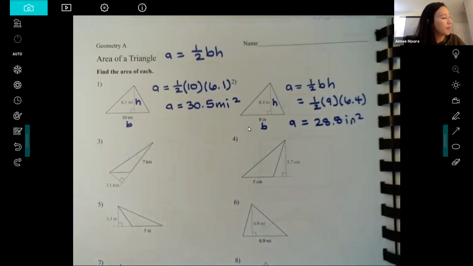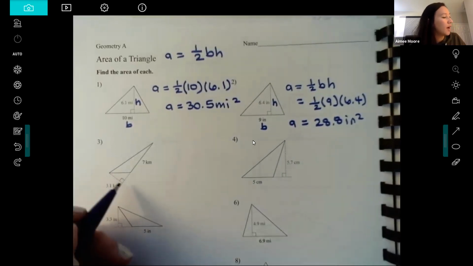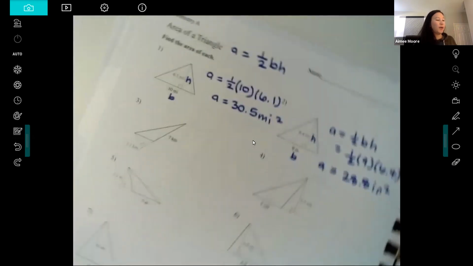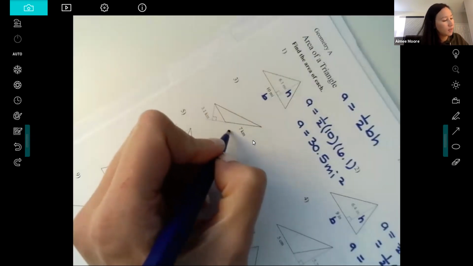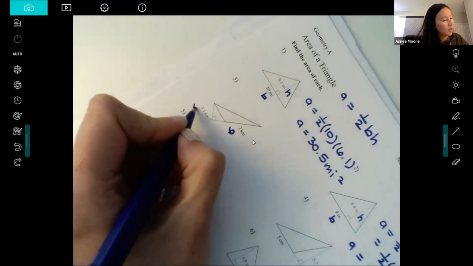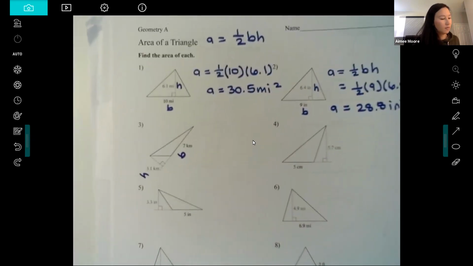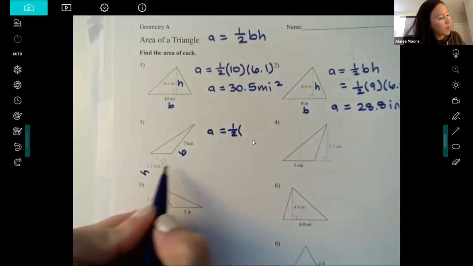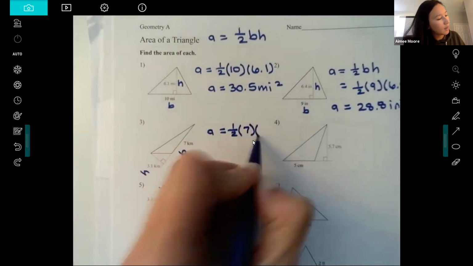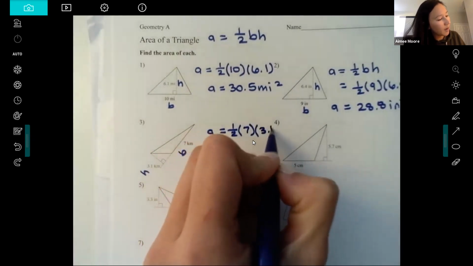Sure. Yep. So number 3, the triangle's turned, but you can just turn your page and see that here's the base and here's the height. So again, we have 1/2 of base, which is 7, times height, which is 3.1.